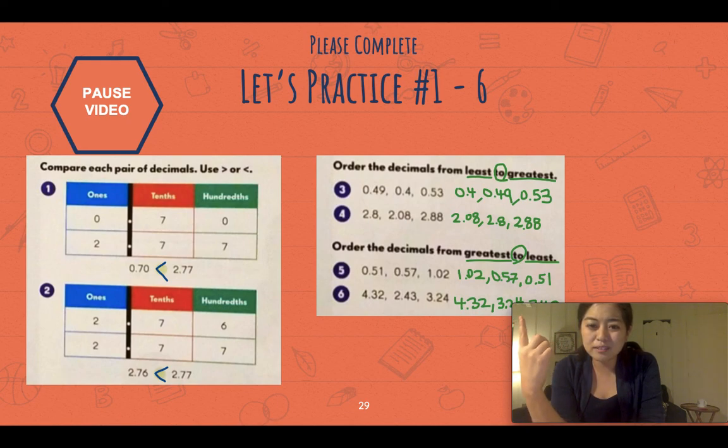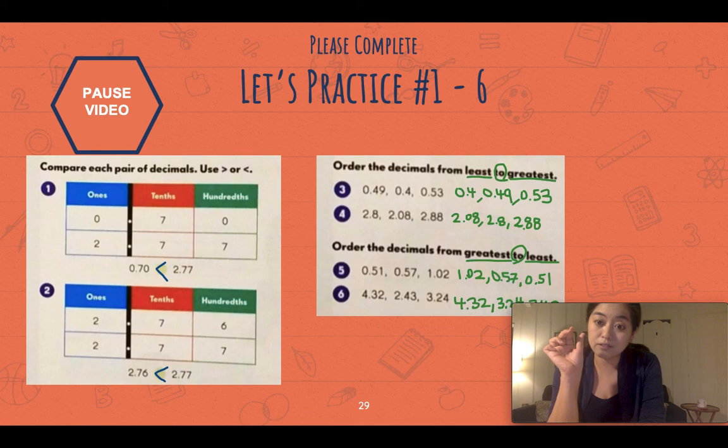So for number 6, the answer is 4.32, 3.24, and 2.43. And you can figure this out by putting the numbers on a place value chart and comparing them, starting with the greatest place value column.